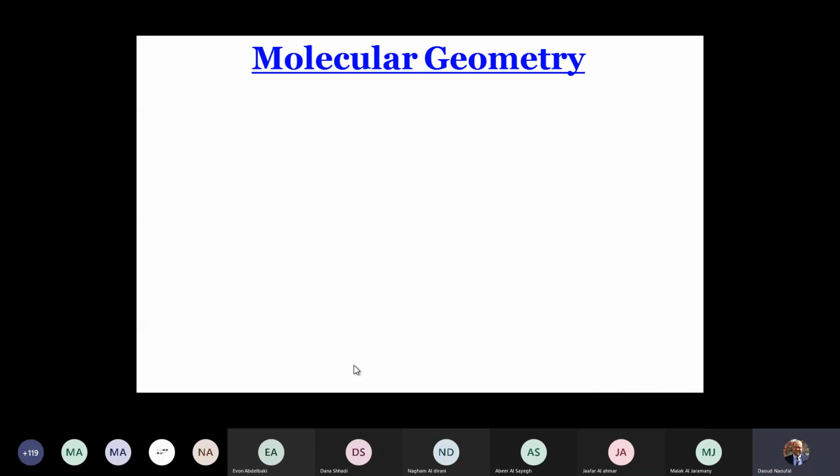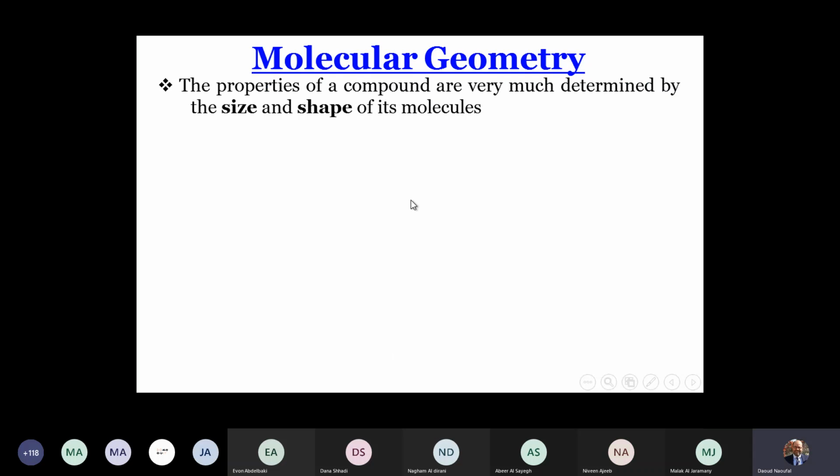We pass to a very important part, which is the molecular geometry. The properties of a compound are very much determined by the size and the shape of this molecule.